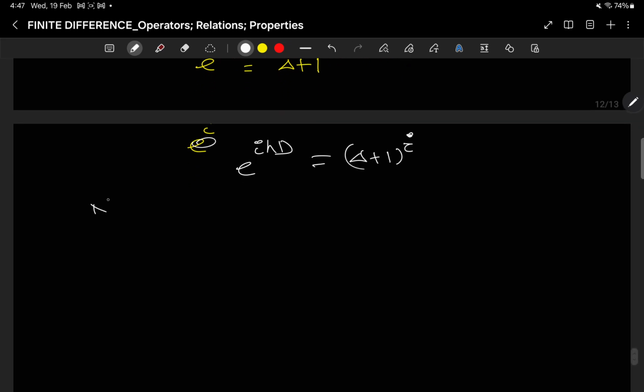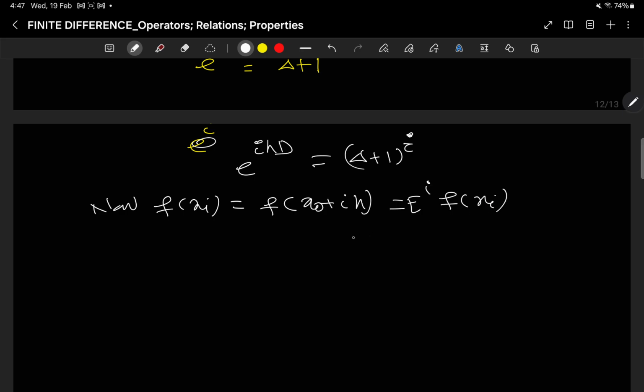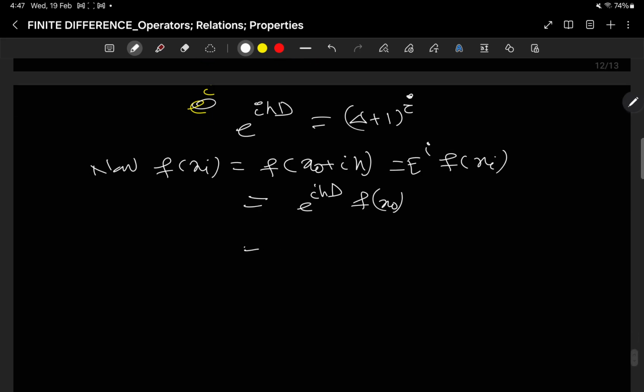Now f(xi) is equal to f(x0 plus ih). It is E to the power i f(x0). So E to the power i is e to the power ihD f(x0), and e to the power ihD is (1 plus delta) to the power i f(x0).